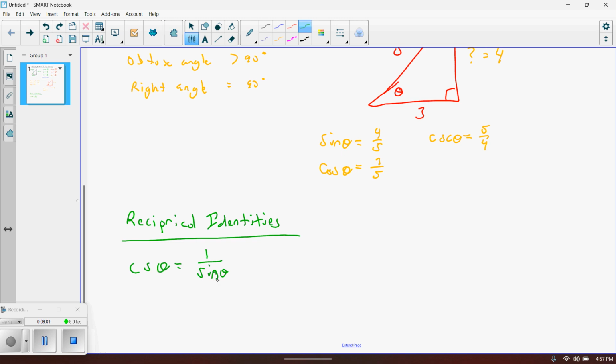Likewise, you could have written that as sine of theta equals 1 over cosecant of theta. Either way it works. So then secant of theta would be the reciprocal of cosine. And cotangent of theta, let's write it that way since we're using the other 3, would be the reciprocal of tangent of theta. So those are your reciprocal identities.